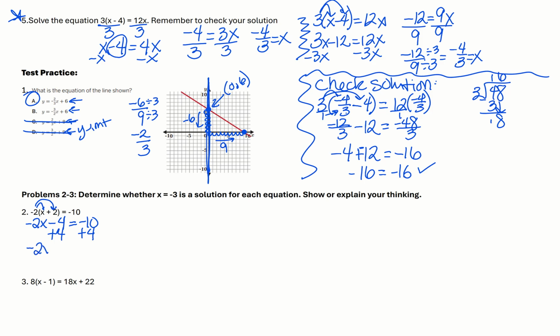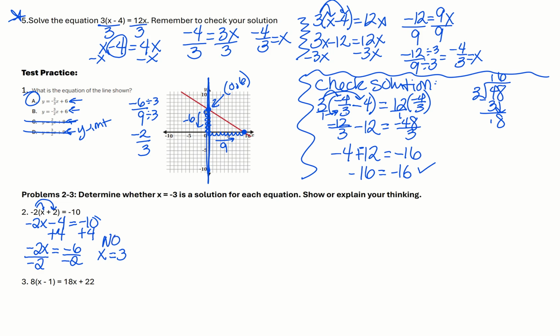We get negative 2x equals negative 6, because they're opposite signs, we subtract, and then keep the sign of the greater absolute value. We divide by negative 2, because that's multiplication. The inverse is division. Take the negative with you. A negative divided by a negative is a positive, and 6 divided by 2 is 3. They want negative 3. So right now, it says that this would be no.